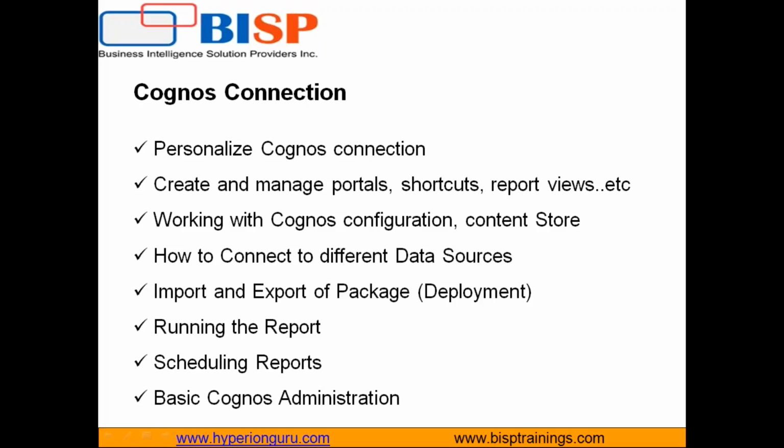So in order to have Cognos Connection, you need to install Cognos in your system. I will share the software with you during the introduction session, and you can install it in your system. The minimum configuration to install the Cognos software, for the trial version that I have, is a Windows operating system, 64-bit, with a minimum of 4 GB of RAM.